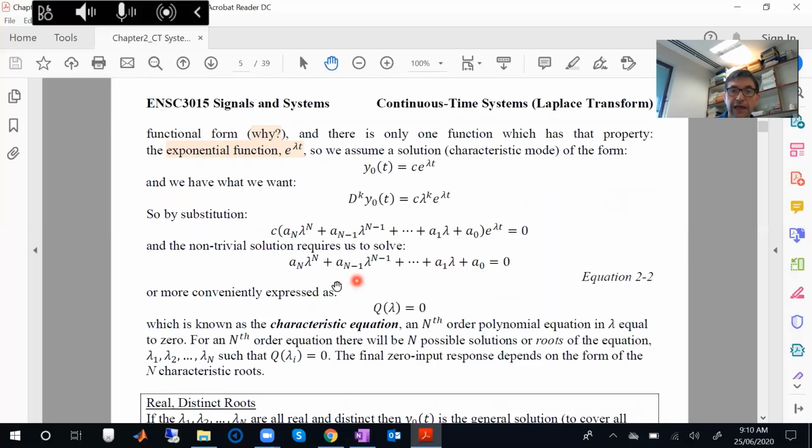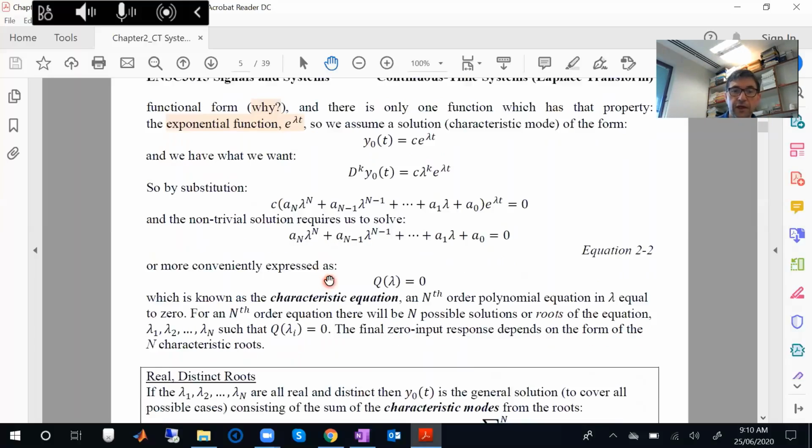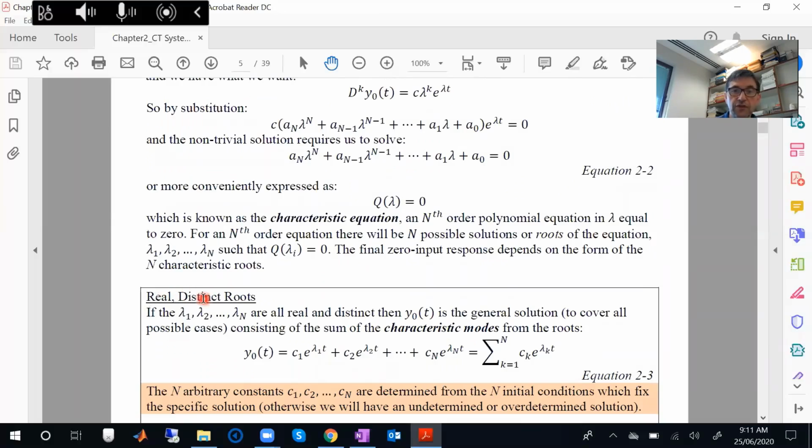It will have n solutions, n roots. For us, solving it is a mathematics problem, and we'll go through some parts of that, but we're more interested not so much in the solution, but the form of the solution. Because for us engineers, we like to know the type of signals that we will get. So if you have real distinct roots, you will get exactly what we said we were going to get, an exponential.